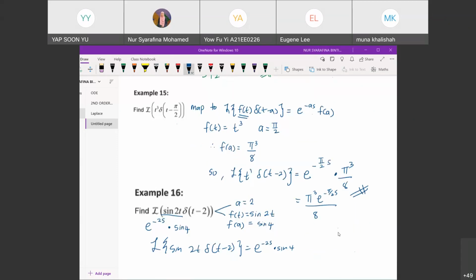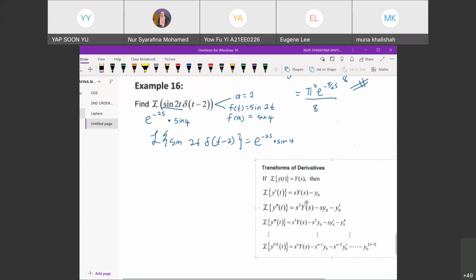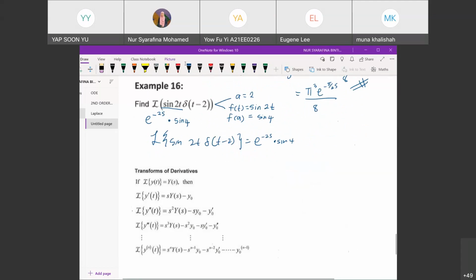Okay, so what we have done just now is transformation. There are properties of transformation.